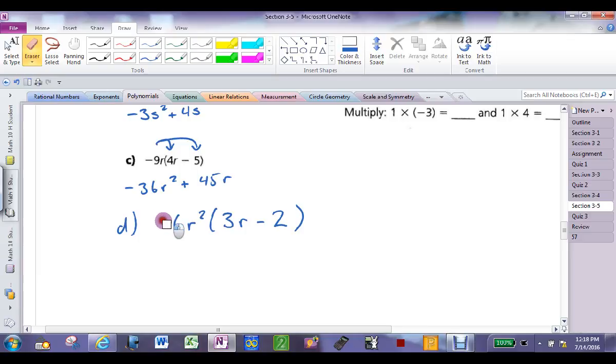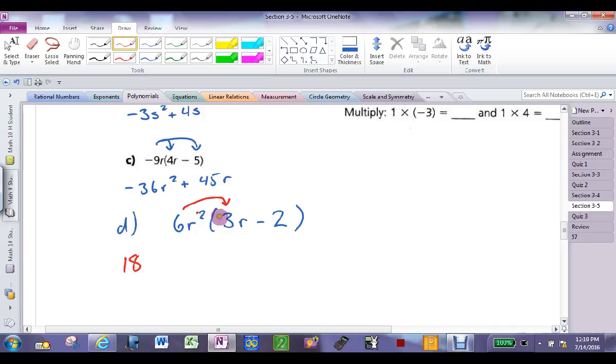We'll start with just 6r. Forget the negative. Does it look different? A little bit. Does that mean the rules change? Of course not. What do you do with the numbers? Multiply to get 18.